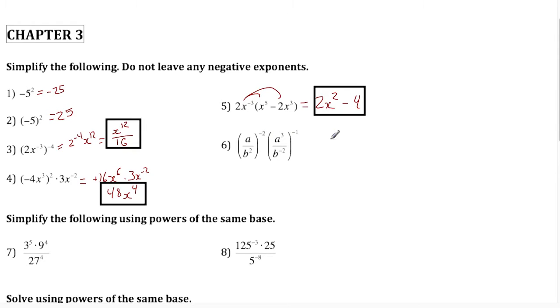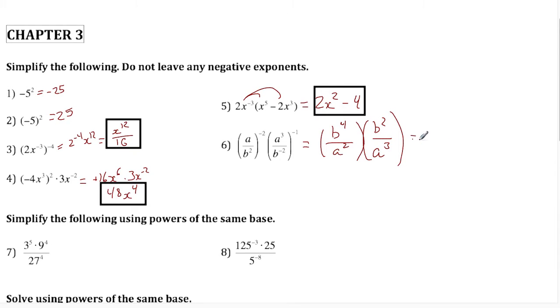For the next one, we have these negatives as our exponents, so what we can do is flip. So we get b, well actually if we multiply the 2 times 2, we get b to the 4th over a squared. And then we can multiply this by b squared times a to the 3rd.